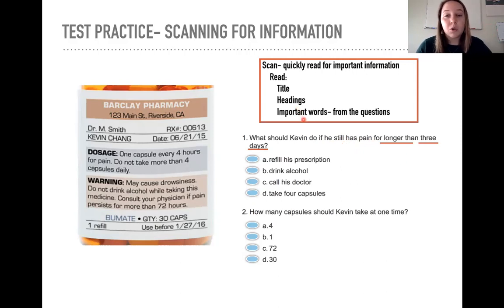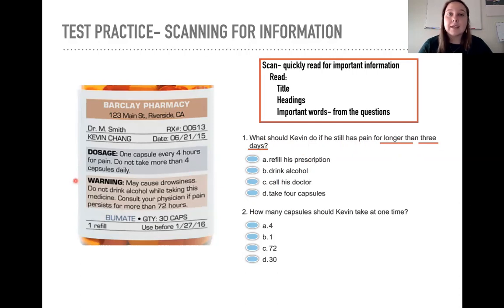A lot of times important words could be numbers, and numbers are easy to scan for because usually they stick out from the text. So we have these important words, so we can scan some of the sections. Usually this question tells me there is something that he should be concerned about, or should be aware of, if he has pain longer than 3 days.